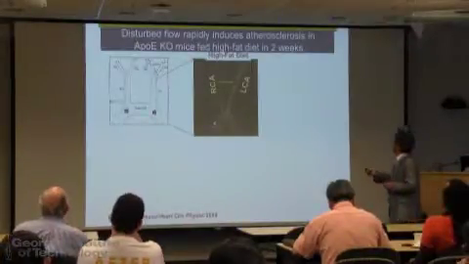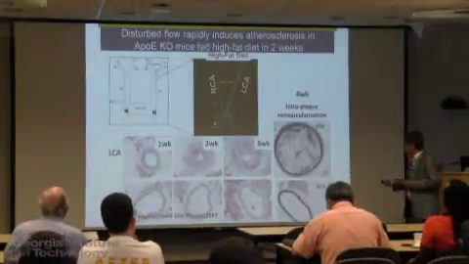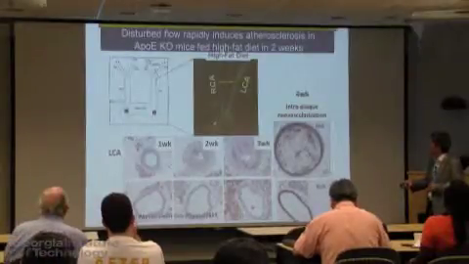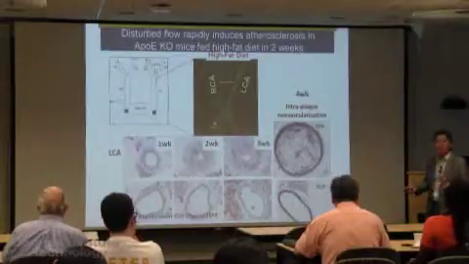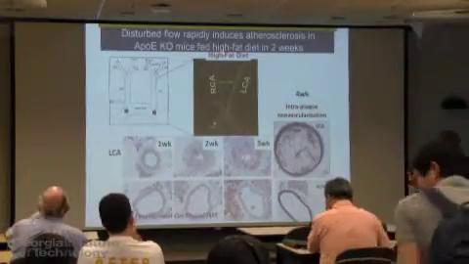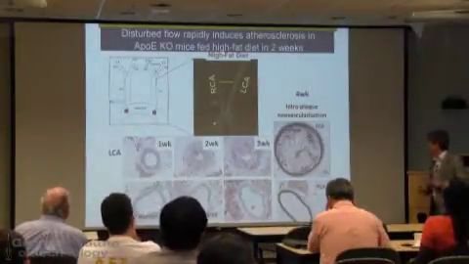If you look at the details in the cross-section in a time-dependent manner, this is what you see. In the left side, where flow is bad, at 1 week, 2 weeks, you can already see this red staining, meaning you have atherosclerosis already developing in 2 weeks. By 3 weeks, it becomes bigger. By 4 weeks, it's almost closed off.